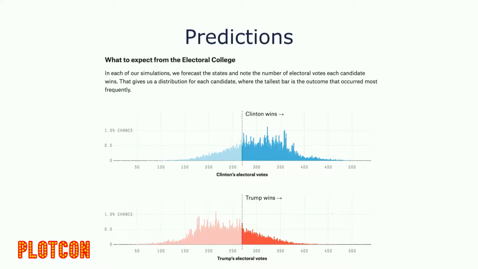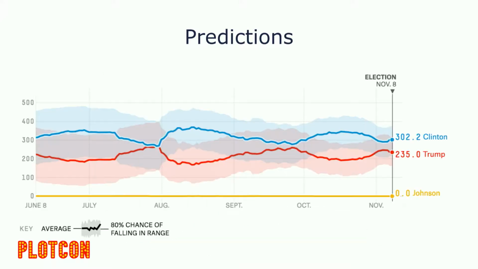And people also tried to convey the uncertainty that was inherent in these problems. For example, this is showing the simulation results from 538's model. And so you can see that most of the results show a Clinton win, but there's a substantial, about 30% of them that show a Trump win. Additionally, this is showing the expected outcome of the Electoral College.